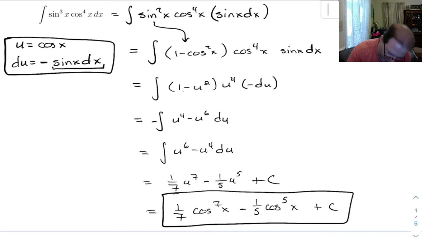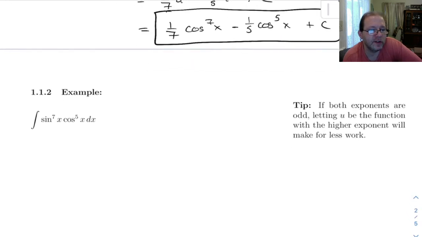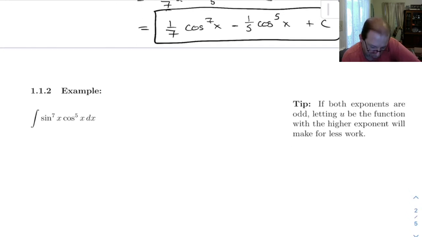It's kind of long, but let's look at the next one. Okay, on this one we've got sine to the 7th and cosine to the 5th. So the truth is we could pull either of these off.